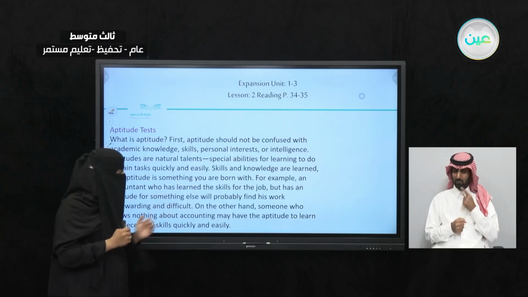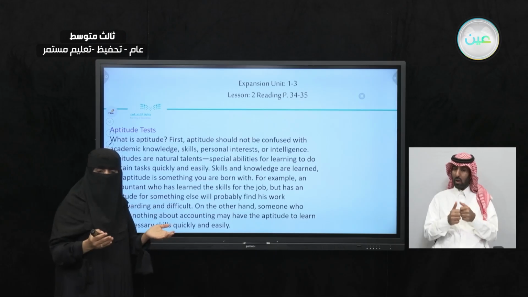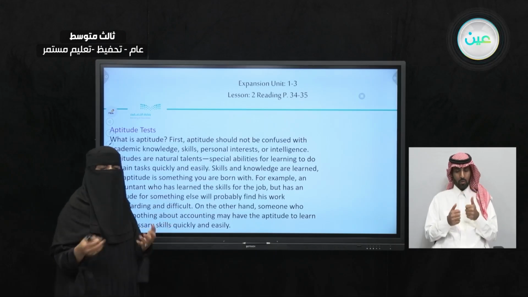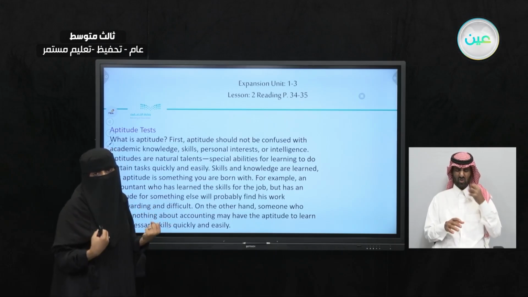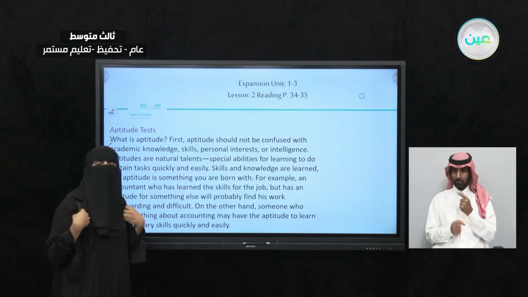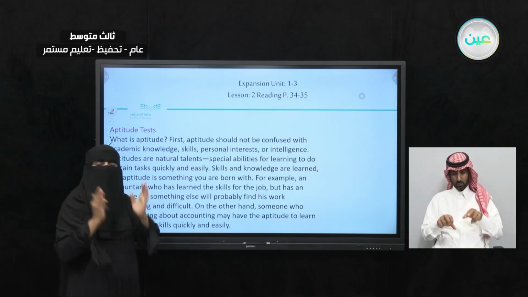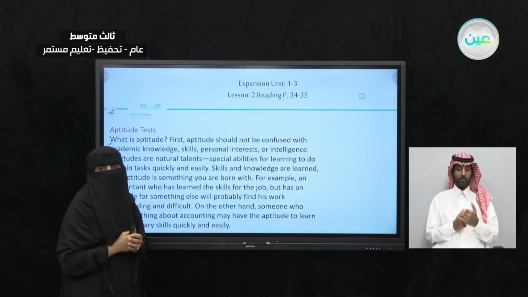And here they give us an example of an accountant. An accountant, he can learn the skill and he can do his work, but he will feel very bored because he loves something else. You have to know what you are passionate about and then find your career path based on that, okay?